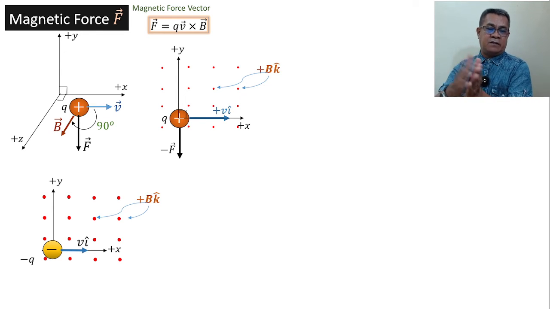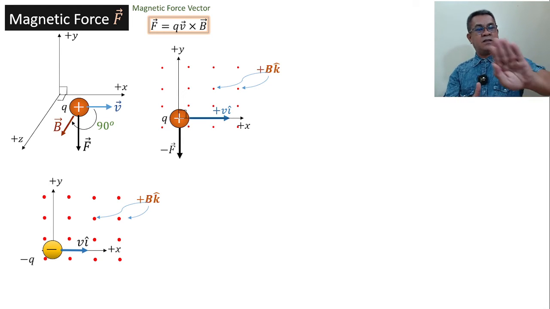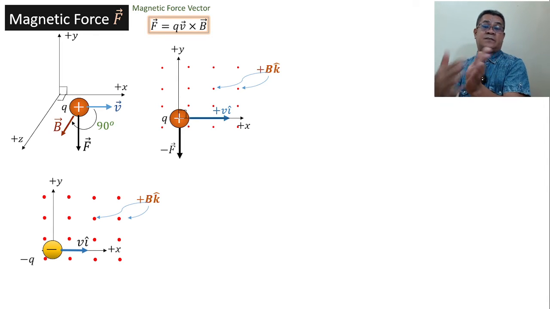Place your fingers in that manner towards the velocity. Then curl your four fingers towards the magnetic field. Remember, the magnetic field is out. Then what will be the direction of your thumb?